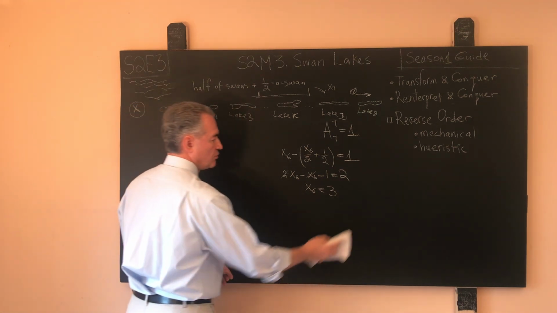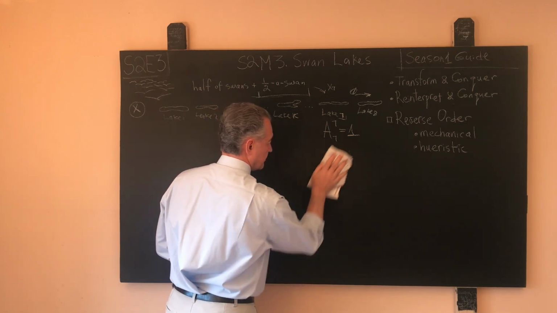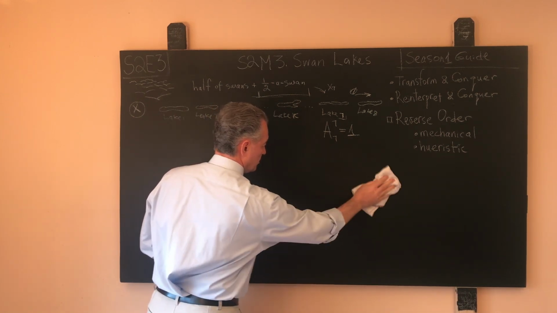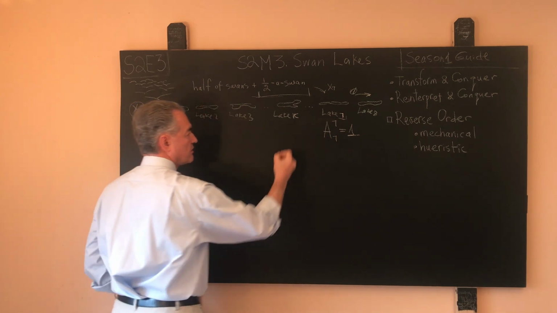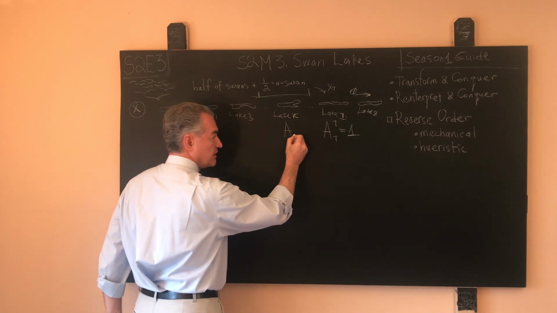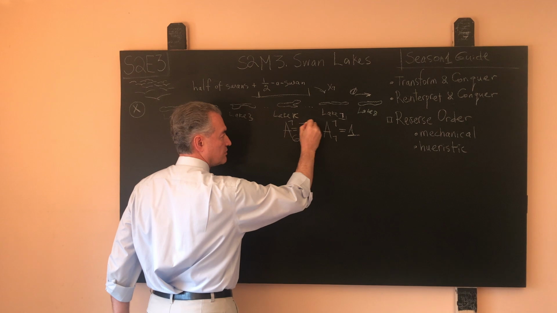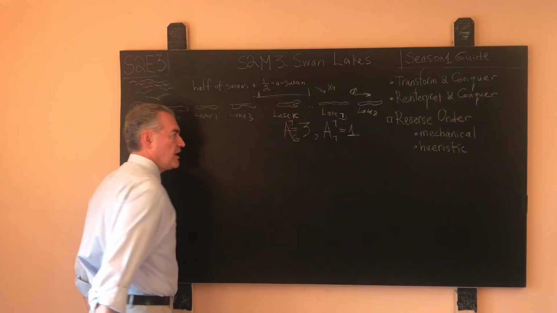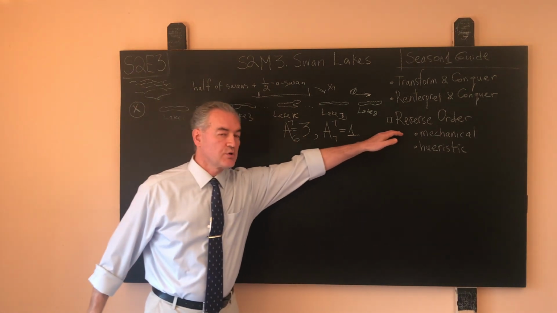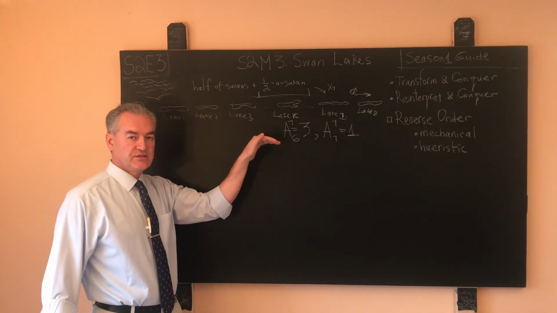So here we record that fact. Let me erase this. You guys can rewind if you have to. We record that fact that the number of swans that approached the lake number 6 out of the set of 7 is equal to what? 3.